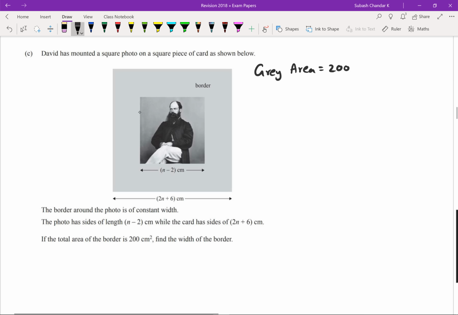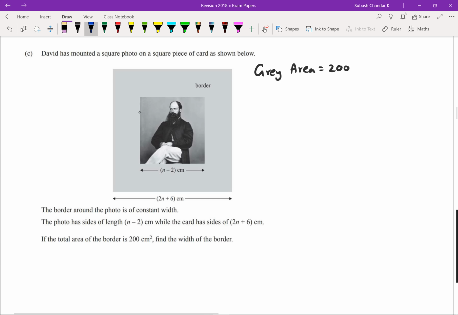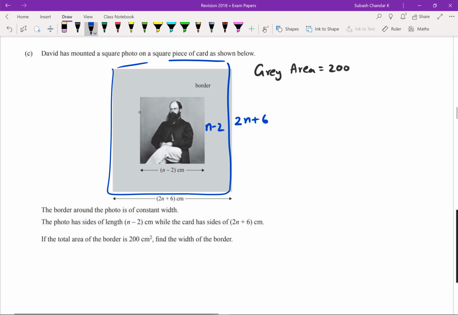And we literally have two squares. So I don't know why I'm drawing a square when there's already a square there. Sorry, guys. So we've got our first square here, which is 2n plus 6 by 2n plus 6, and then our second square is n minus 2 by n minus 2. I'm going to call the first big square the blue square, and the second the black square.